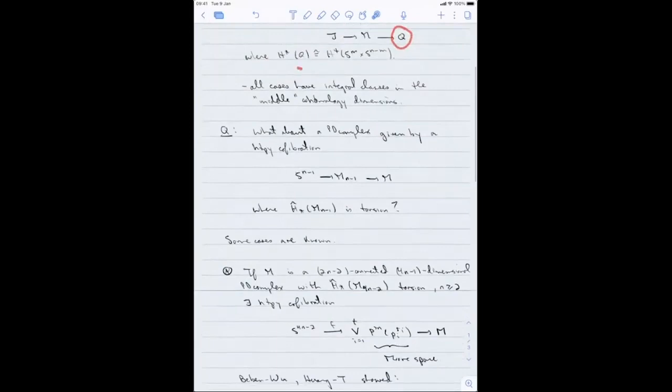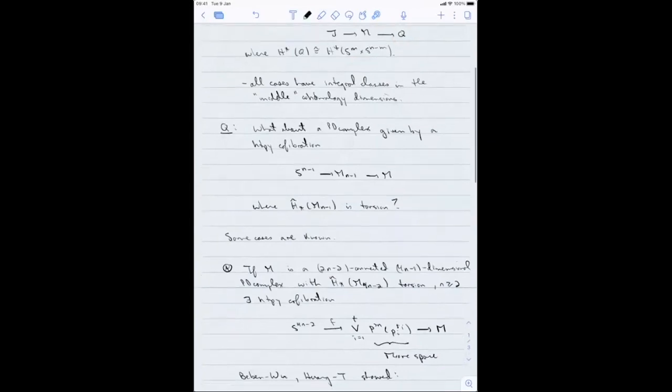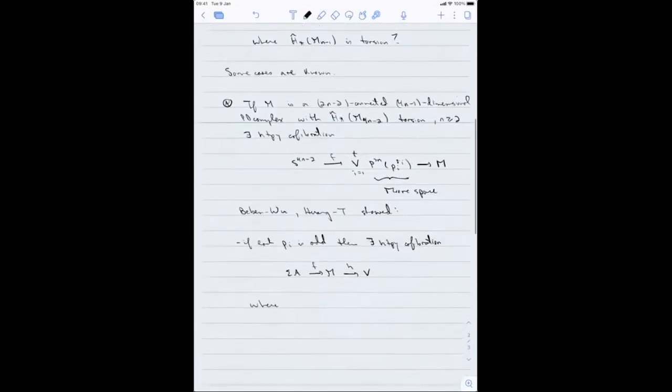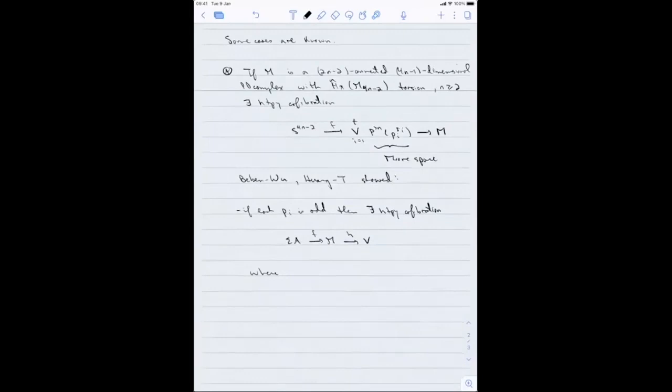Its cohomology will be very condensed. It can't be the cohomology of a product of spheres anymore, because we've said there is no integral summand in the middle cohomology of the M that we start with.